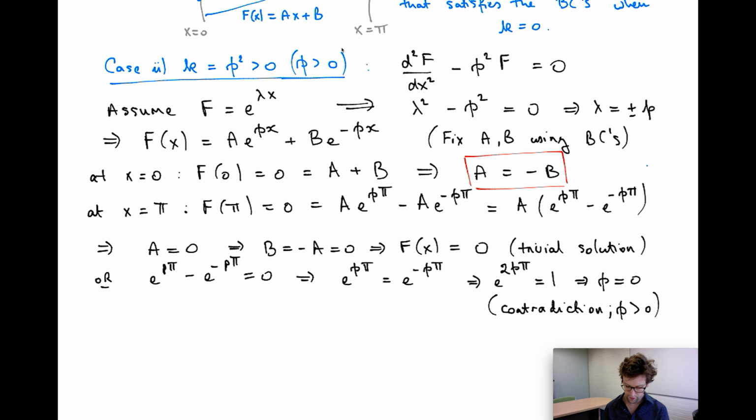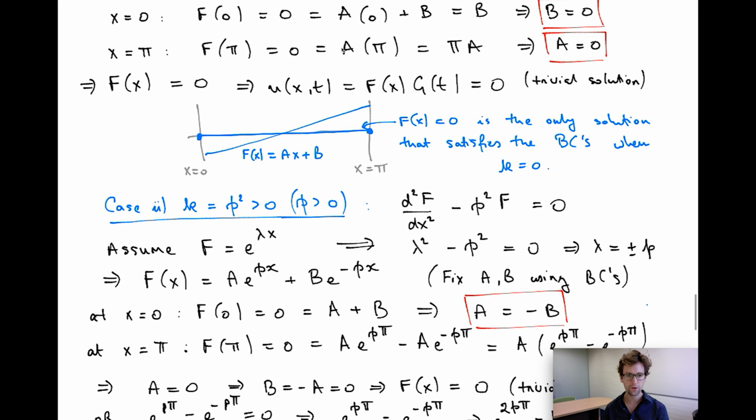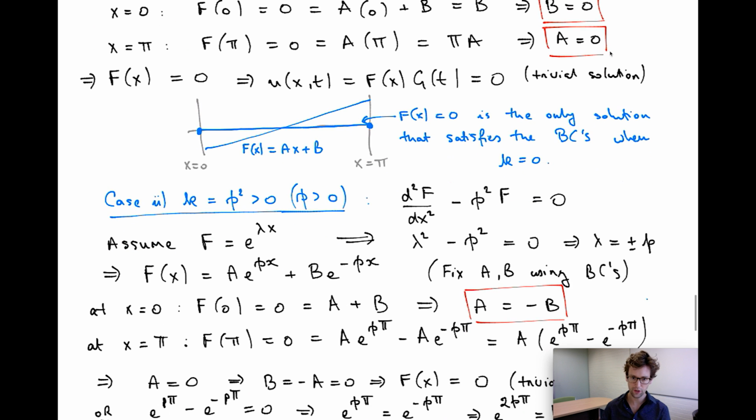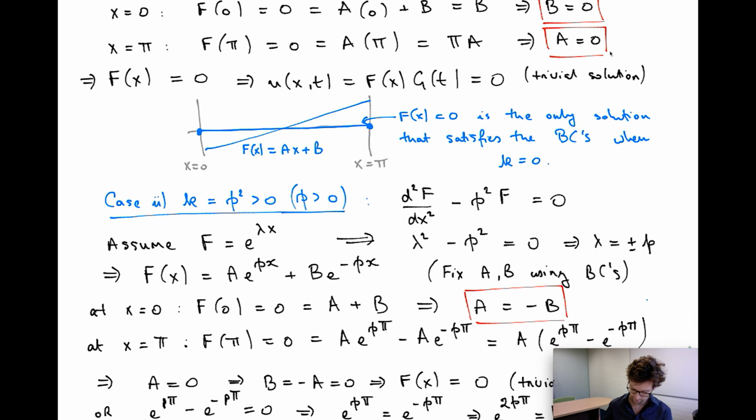So let's review what we've done there. We've looked at two different possible values of k. I looked at k is equal to 0, and I looked at k equal to a positive number, which I called p squared. In both cases, I found the solution. The first was a linear solution, the other one was exponentials.